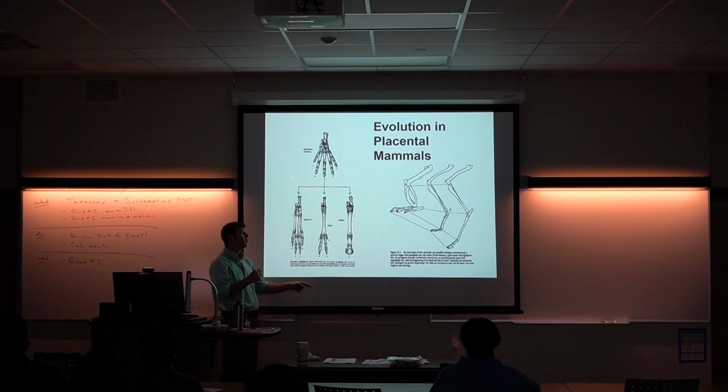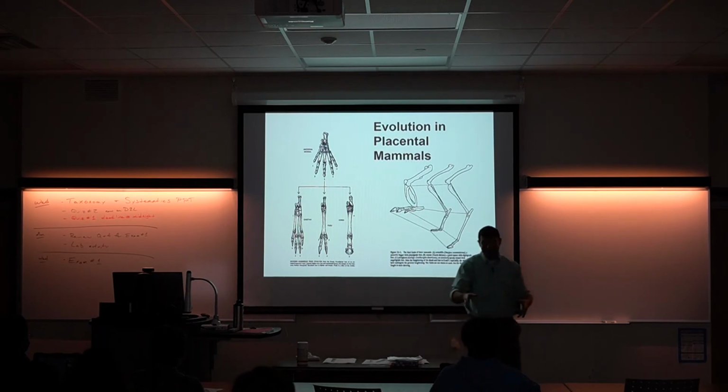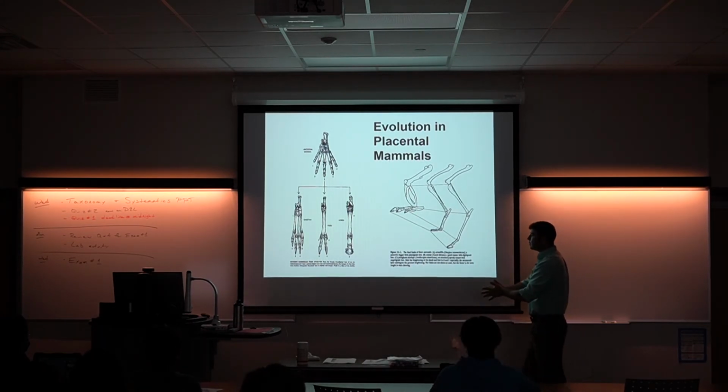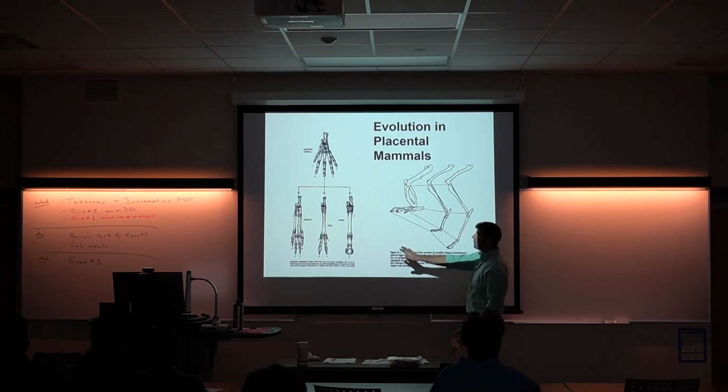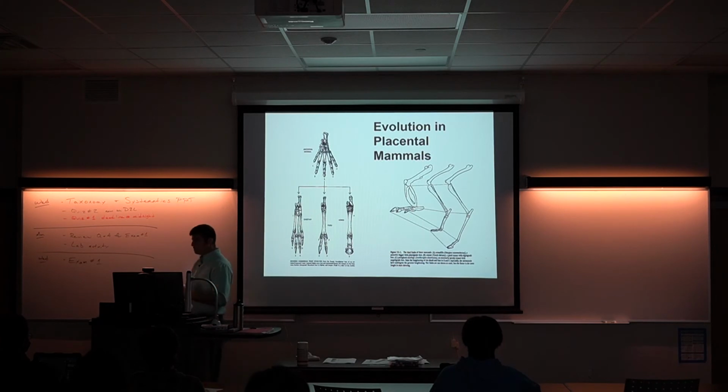So ancestral, derived. You can see that on the way of mammal evolution, as mammals were trying to cover greater distances, we said their bone structures kind of lengthened out, and they also had a reduced number of digits. So we see a reduction from 5 digits to 4 digits that you would find in cats, like cheetahs.